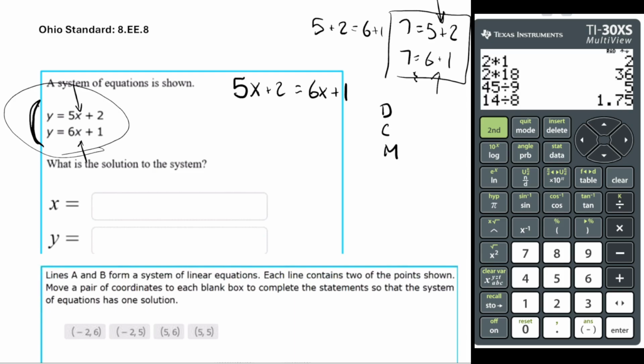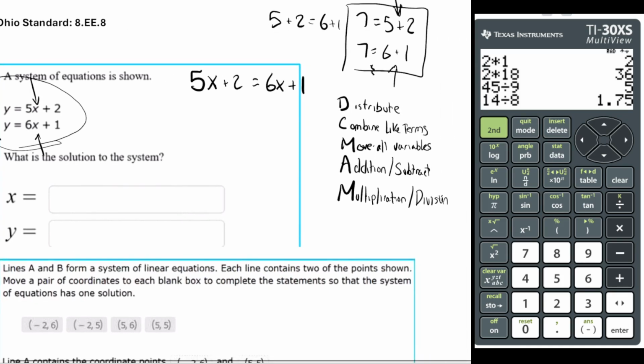Remember your mnemonic device, don't call me after midnight, which is distribute, combine like terms, move all variables to one side of the equation, undo your addition and subtraction on the same side as the variable, and undo your multiplication and division on the same side of the variable. And I realize that got cut off, but yeah.